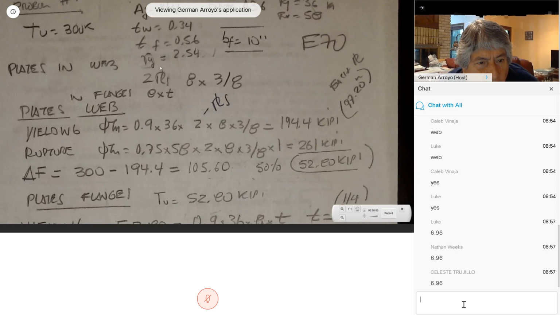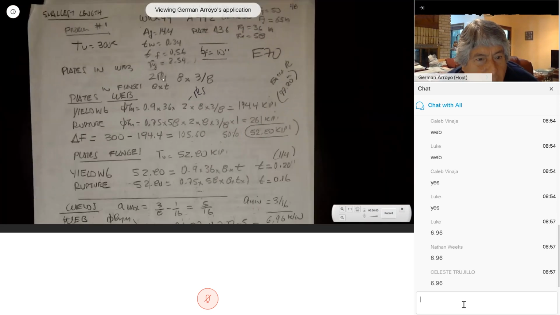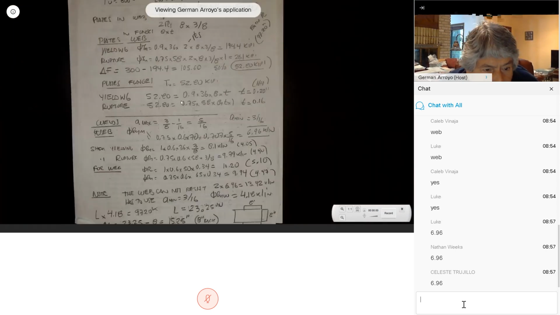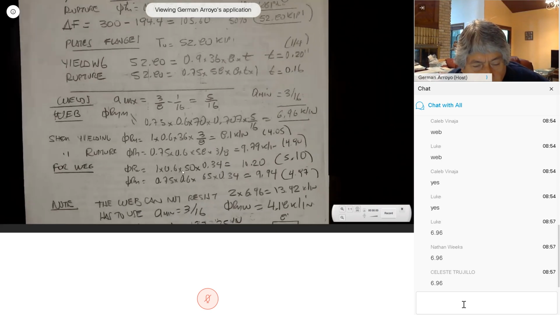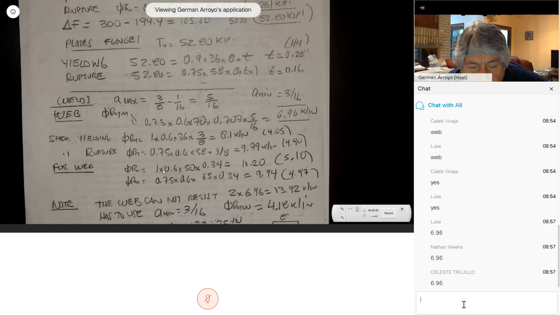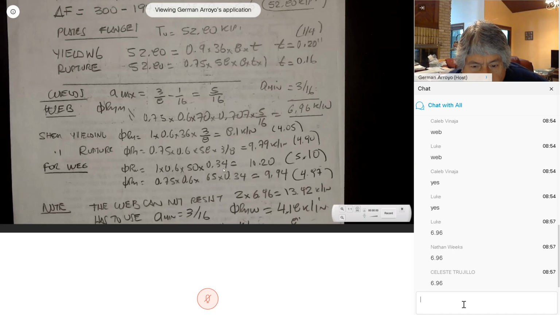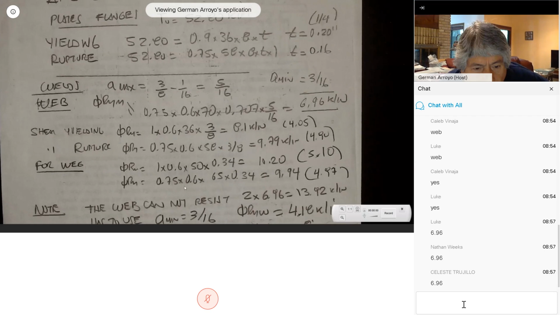So I'm doing it for the web: 1 times 0.6 times 50 times the thickness of the web, 10.20 kip per inch. And I'm doing the rupture: the phi factor 0.6, 65, 0.34, 9.94.